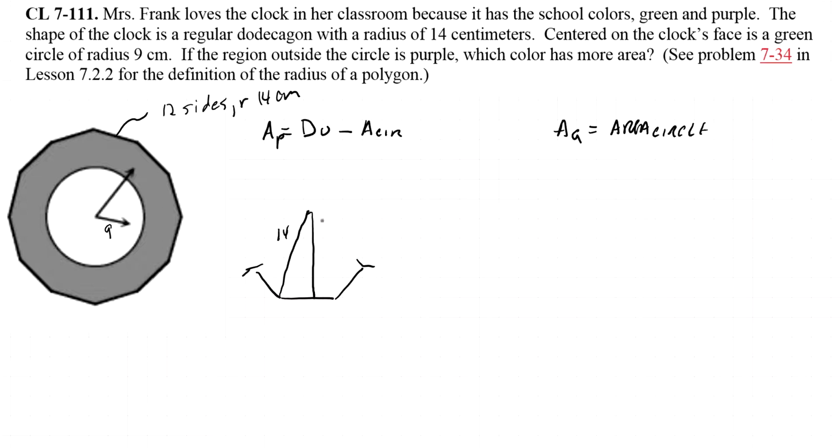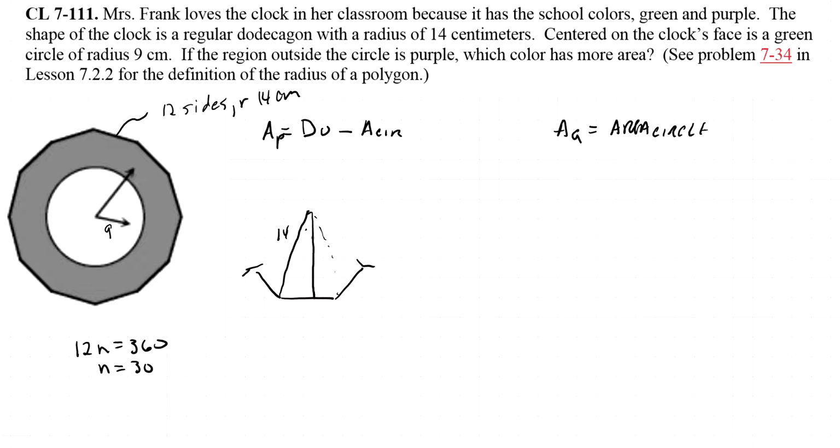And I can figure out this angle in here because I know that if I take 12 times n equals 360 and then I divide by 12 on both sides, 360 divided by 12 is 30.